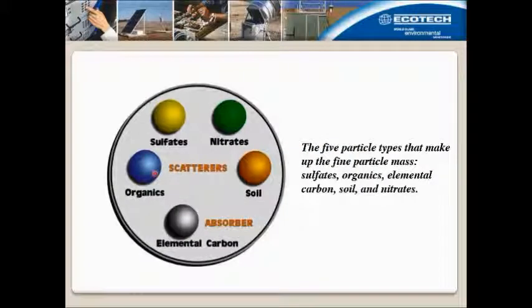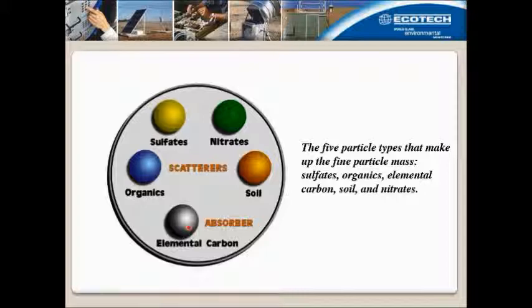So when you look at aerosols in the atmosphere, you have five main components: organic components, sulfates, nitrates, soil, and elemental carbon, where the only absorber is the elemental carbon.